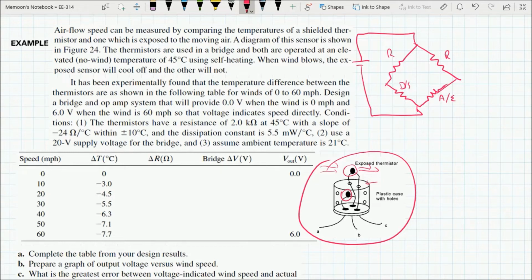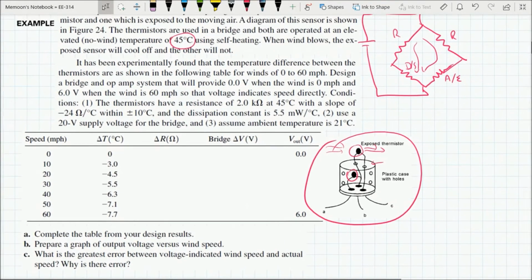The author is saying that both of these are operated at an elevated temperature of 45 degrees Celsius using self-heating. This means that some current is passing through them, and when there was no air, both of them were self-heated due to that current passing through these sensors, and they were heated to 45 degrees Celsius.